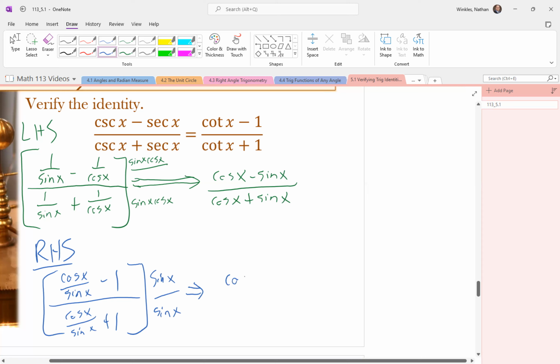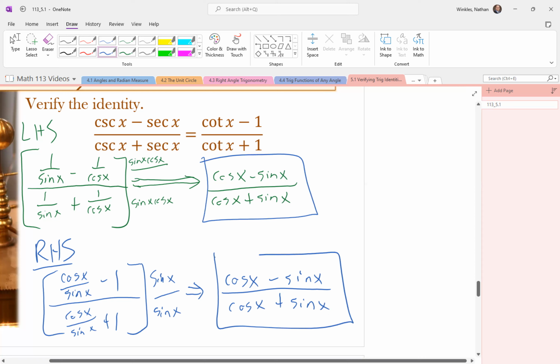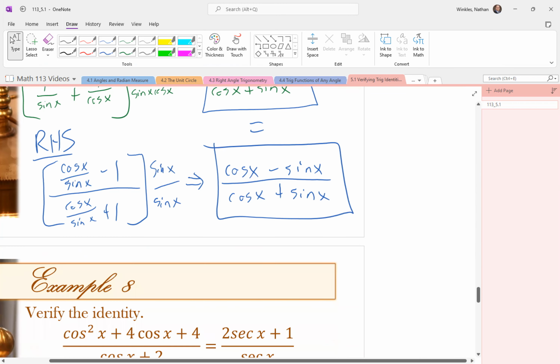So we get cosine x minus sine x over cosine x plus sine x. Left-hand side, right-hand side are equal. So there's some cases where we have to work with both sides. Sometimes we only got to work with one. It all just kind of depends on where we're at with everything and what we're given.